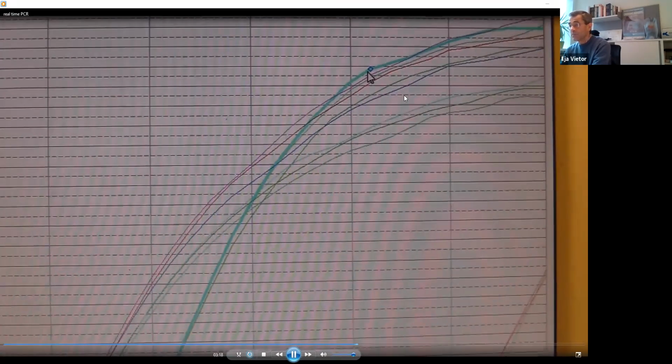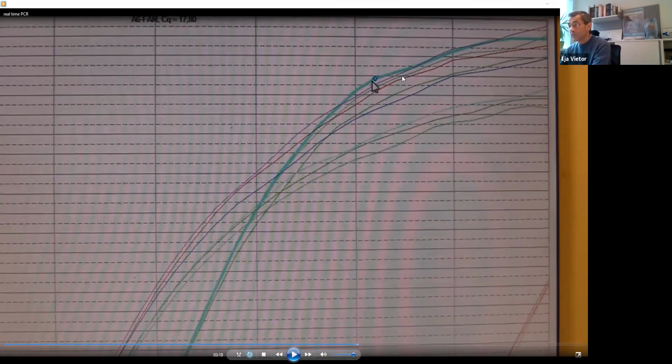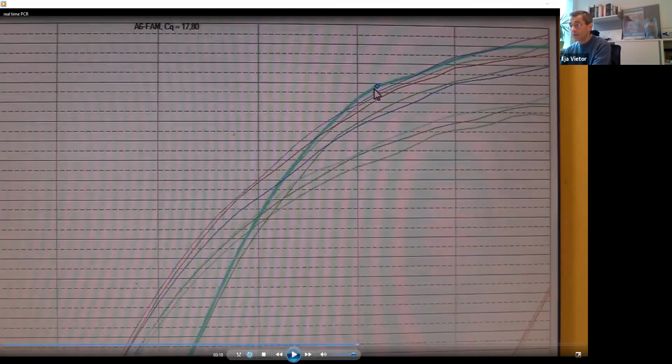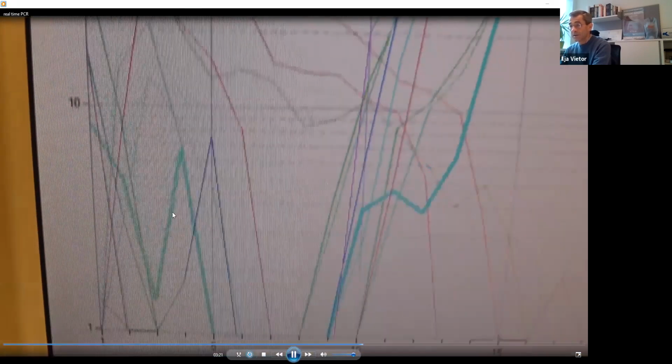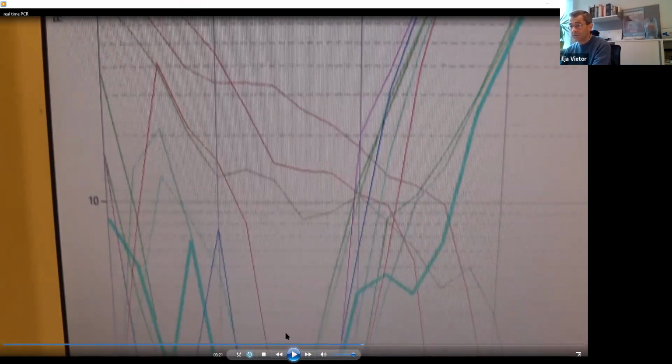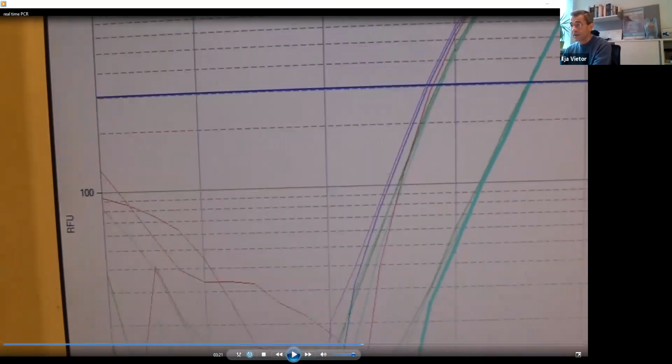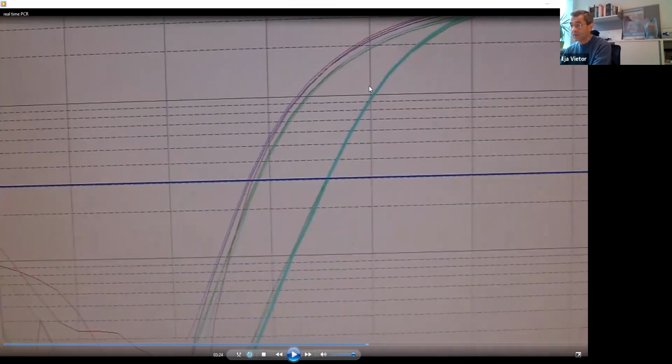So after a certain number of cycles, the curves reach a plateau. And this is a logarithmic image where you see first few cycles where there is no specific signal. So this is all unspecific signal. And then comes a nice exponential curve, which you see here. And what you can do, either automatically or manually, is put this threshold in the middle of your exponential part of the curve.